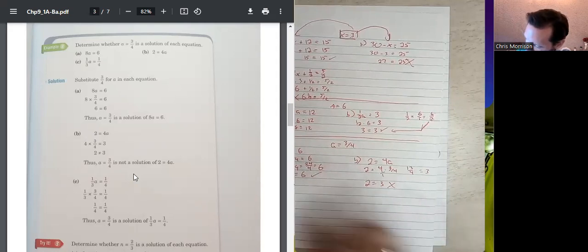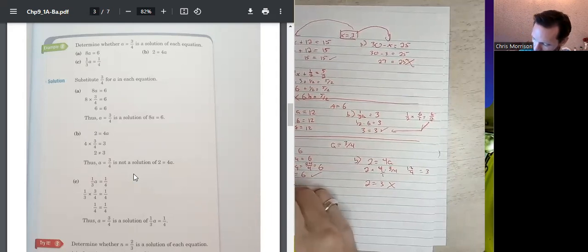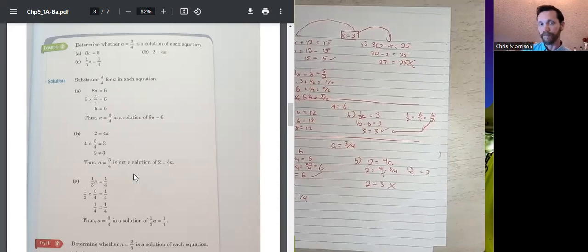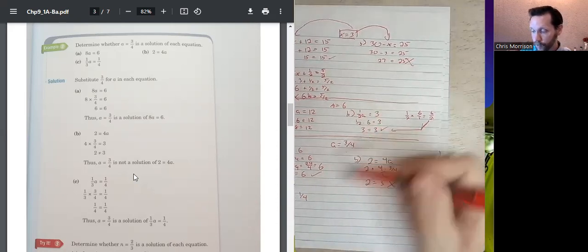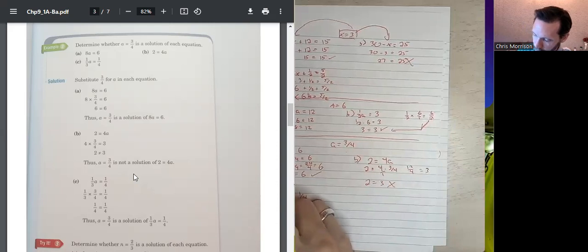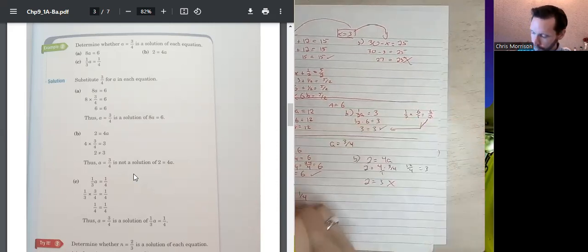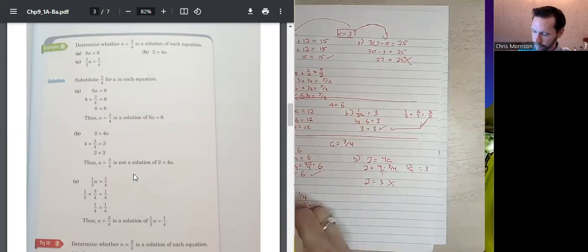And then finally, example C is 1/3 a equals 1/4. So once again, we're just going to take our assumed a, 3/4, and substitute into a. That's 1/3 times 3/4 equals 1/4. Now let's just multiply. What is 1 times 3? Multiply across the top is 3.